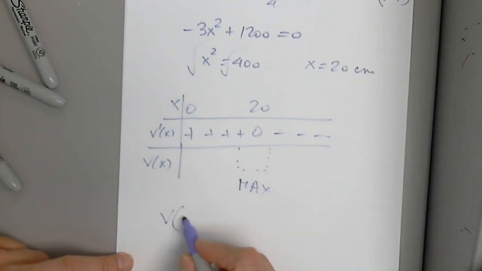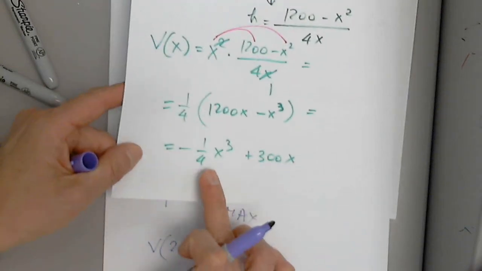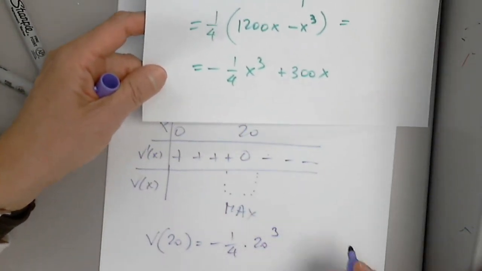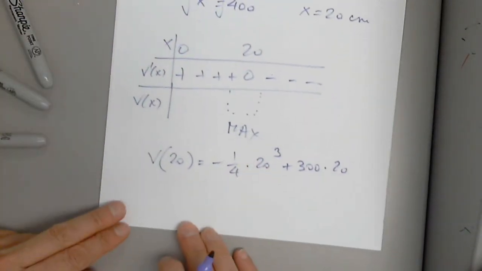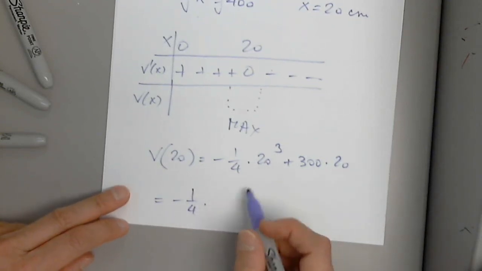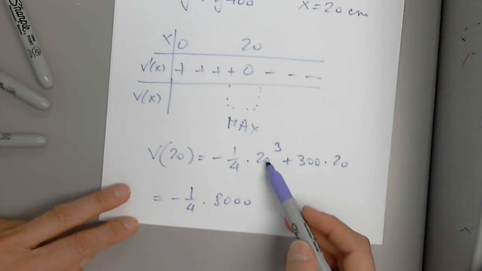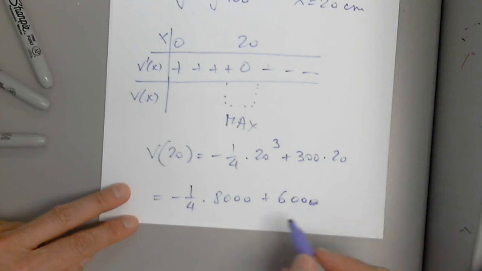But now they want us to find it, so we have to find v of 20. This was v of x, so here's v of 20: negative 1/4 times 20 cubed plus 300 times 20. So negative 1/4 times 8,000 is negative 2,000, plus 6,000.